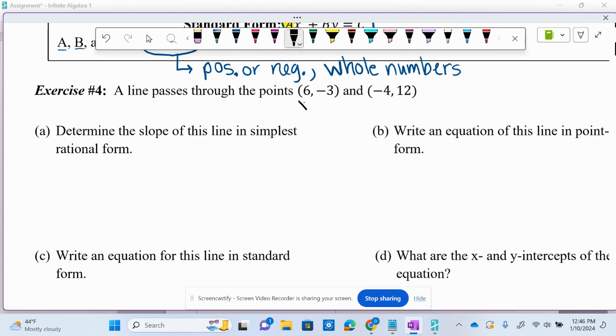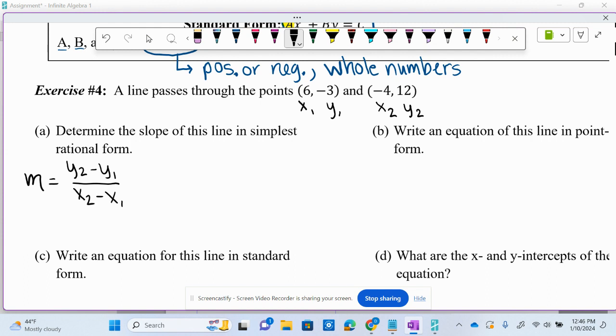I am going to do the x sub 1, y sub 1 method just because I didn't do it that way on our warm up. I always want to try to present you guys with a couple of options. So the slope formula, m equals y sub 2 minus y sub 1 over x sub 2 minus x sub 1.